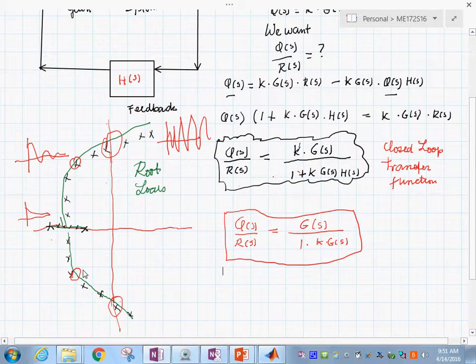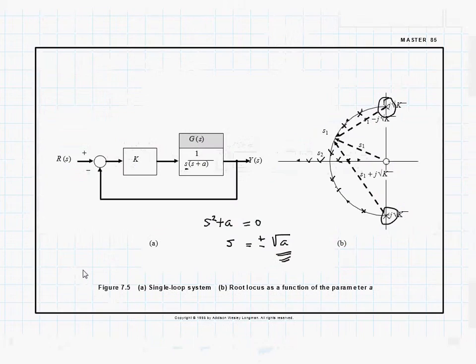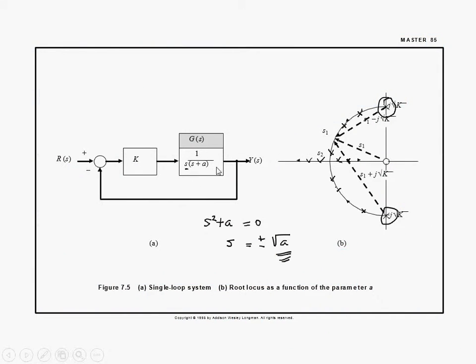We need to go back to the transfer function that we want, to this one. Let's say that a is 5. So the transfer function that we have is 1 divided by s times s plus 5.